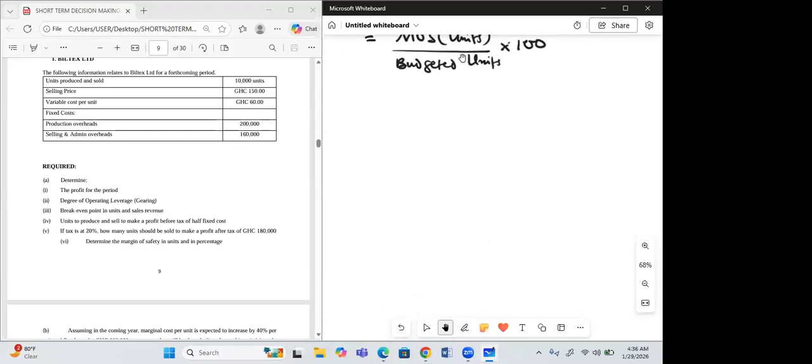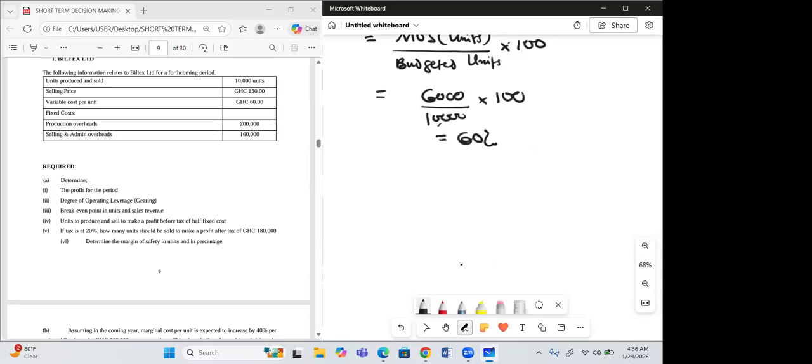The examiner has an option of asking you to express it in percentage or in decimal, whichever he likes. So what did you get? 6,000 over 10,000, times 100, giving you 60%.